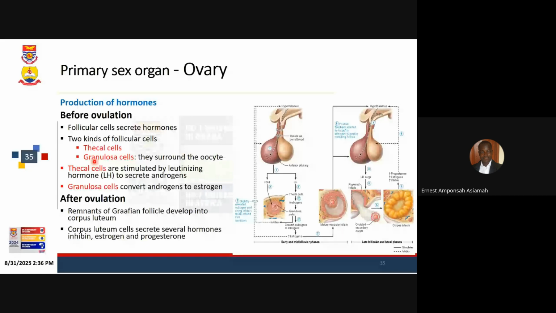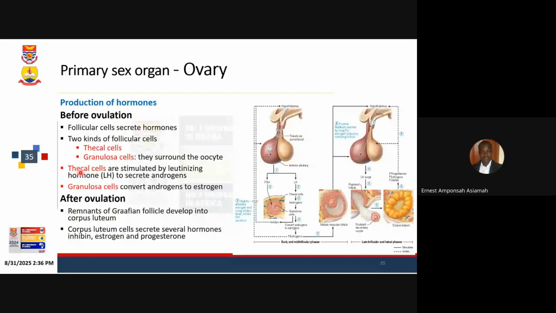The granulosa cells immediately surround the oocyte, and they are just like the Sertoli cells in the testis. Then we also have those which surround the granulosa cells. We call them the thecal cells.